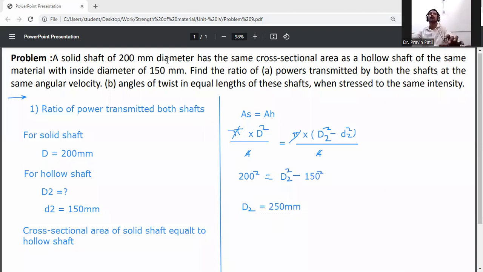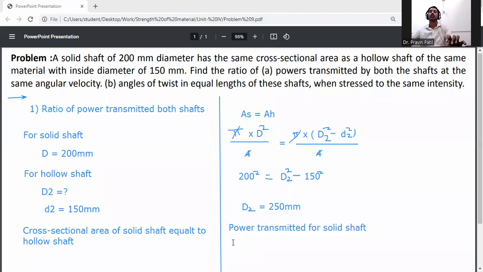Okay. So now ratio of power transmitted. Now calculate power transmitted for solid shaft.